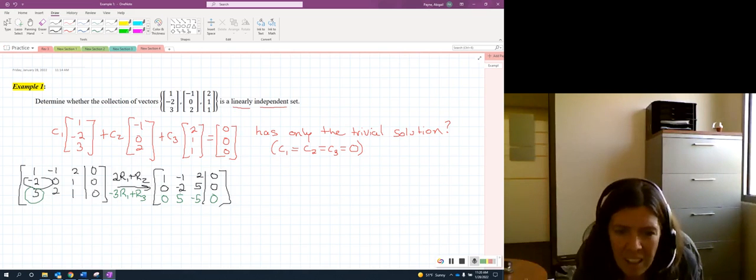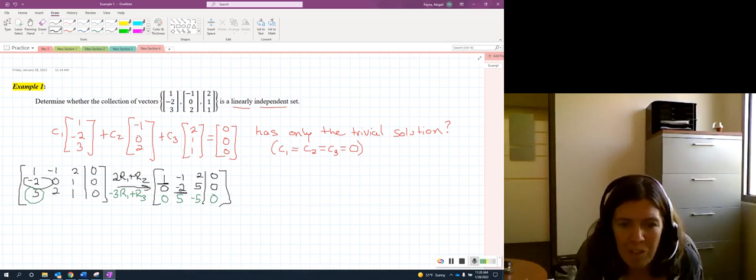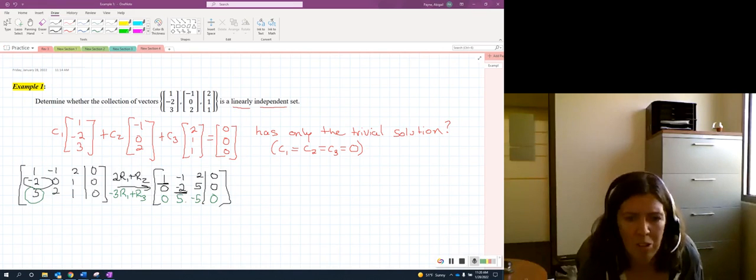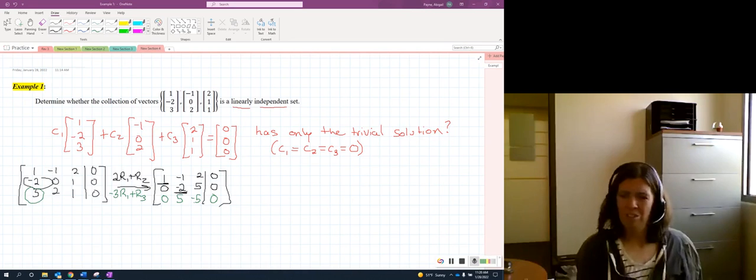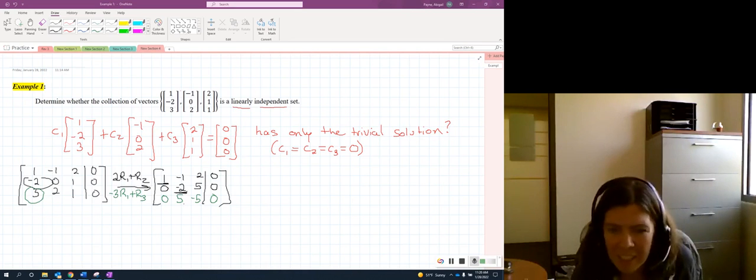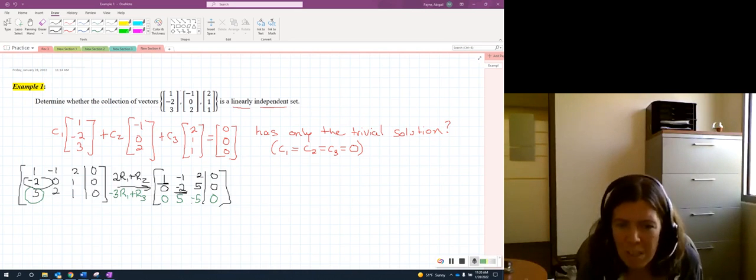So next thing is, I have a pivot here, I have a pivot here, and I would now want to get a 0 in this position. This is looking like it might get a little messy. Row 3 looks like the friendly row here.